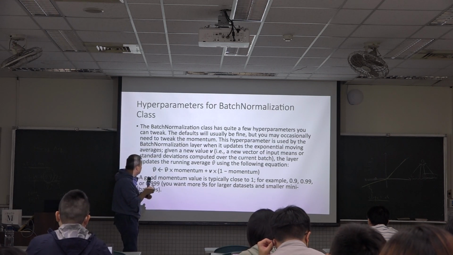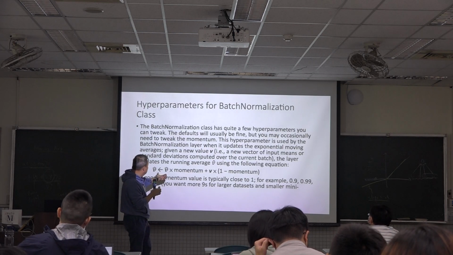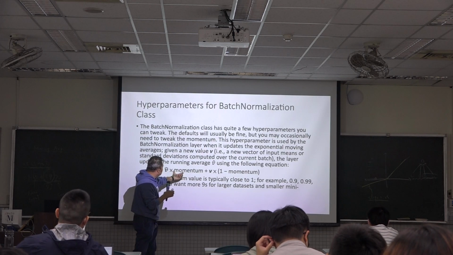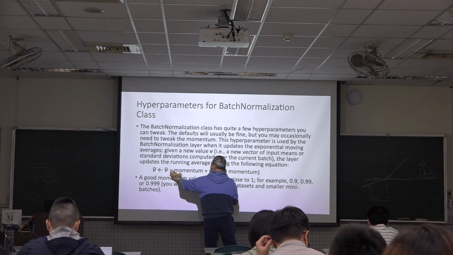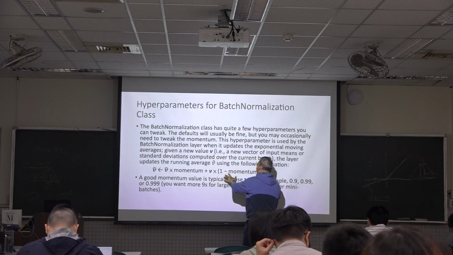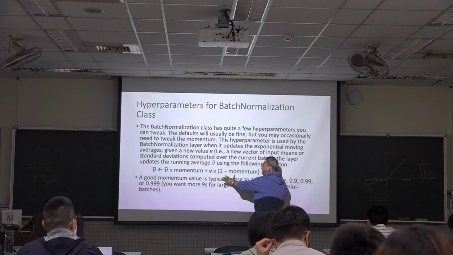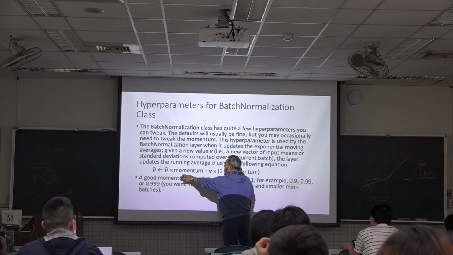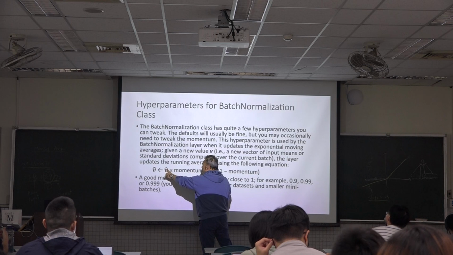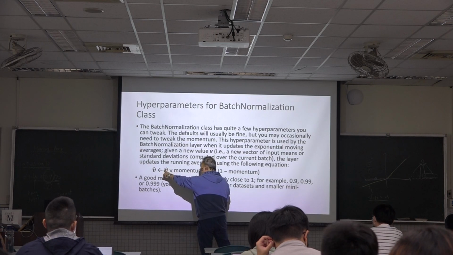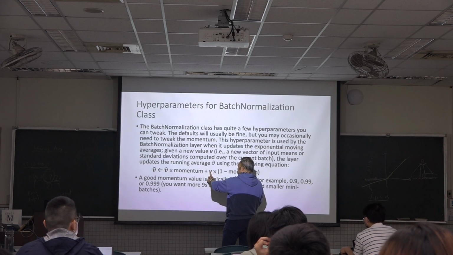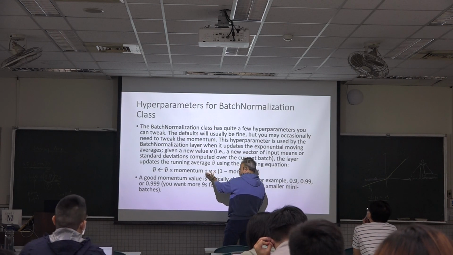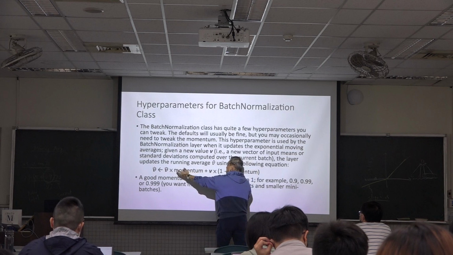So it's v hat times momentum plus v times 1 minus momentum. This v hat is the current estimation for the whole population, and this v is what you get from this batch of samples.